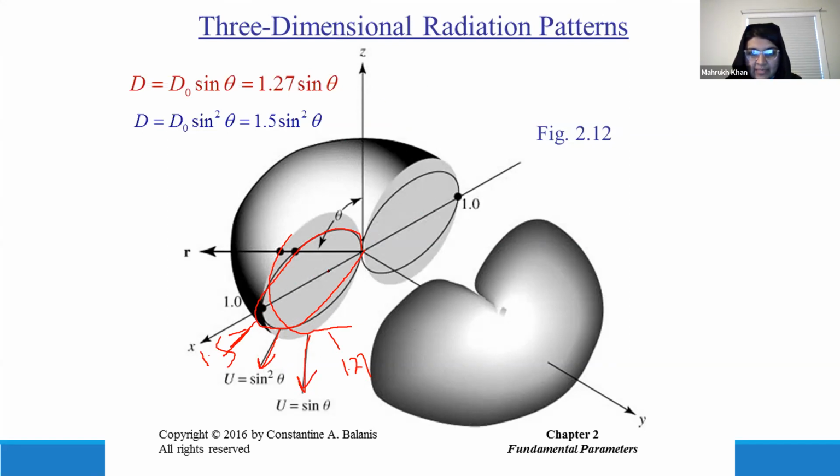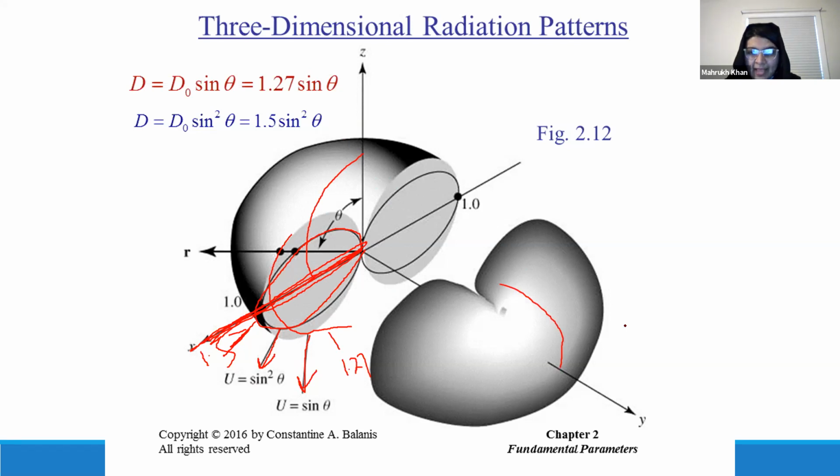So this is the point where we are seeing the maximum value, right? Because this is theta pi by 2. Or this is also the maximum point because this is also theta pi by 2.